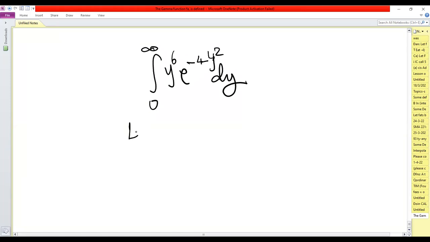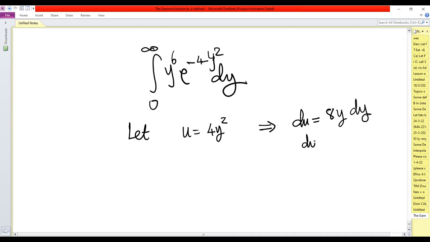So by replacing u equals 4y squared, this means du will be given by 8y dy, which means dy will be given by du over 8y.